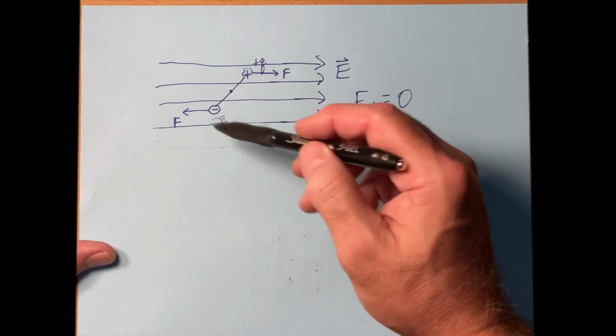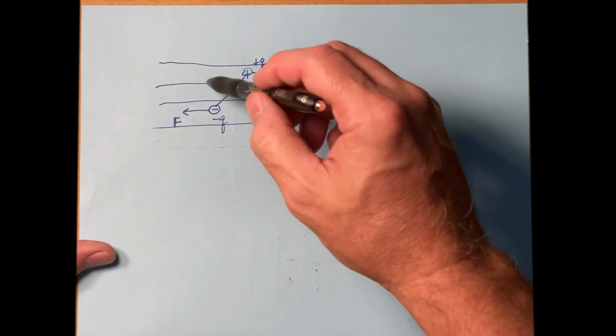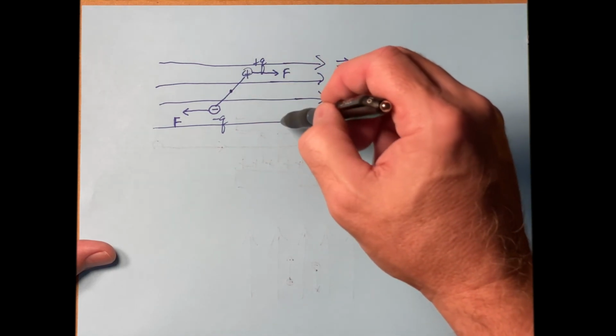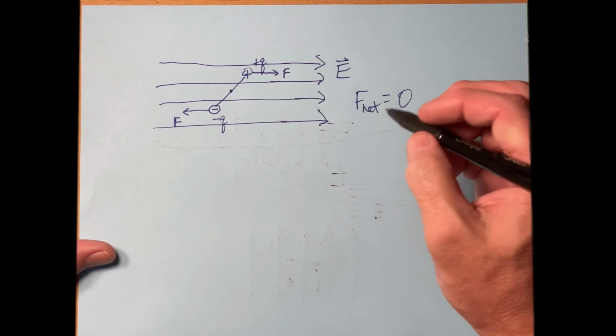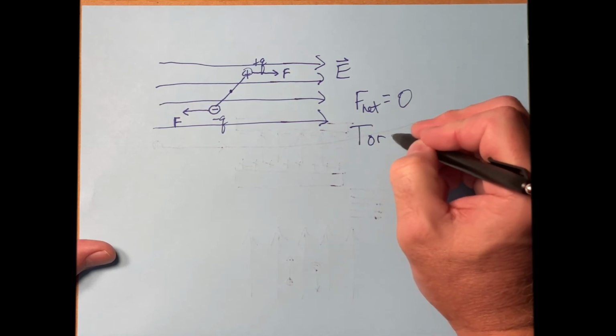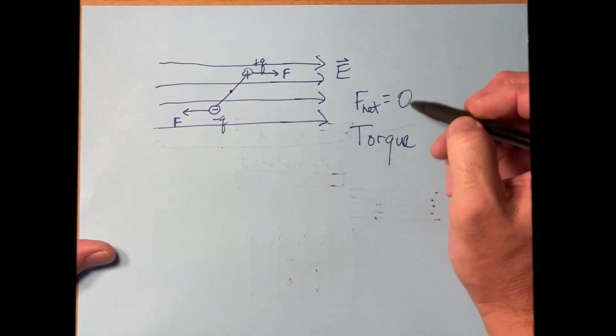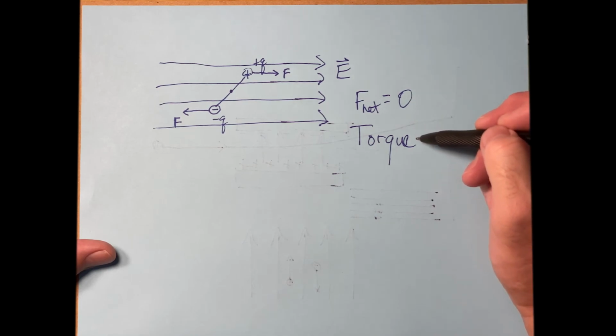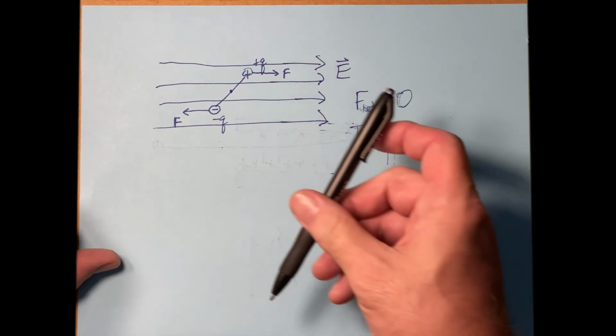However, there is something that's going to happen here, and that is that this dipole is going to rotate. So it experiences a torque. And even though the net force is 0, the net torque is not 0. I think you can imagine what's going to happen here.